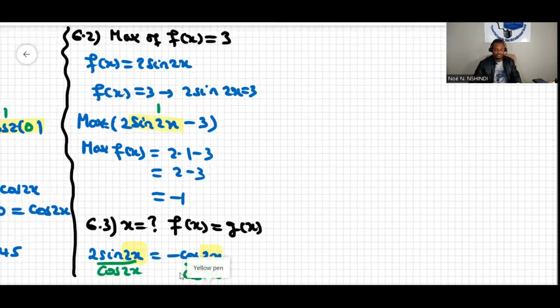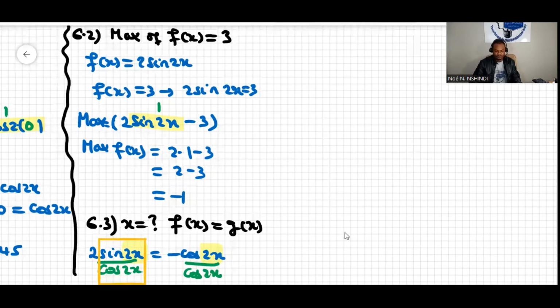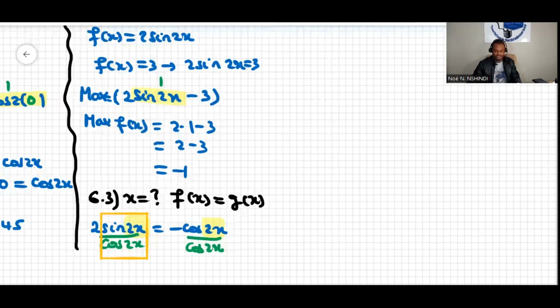By doing so, this part here is just equal to tan of 2x.